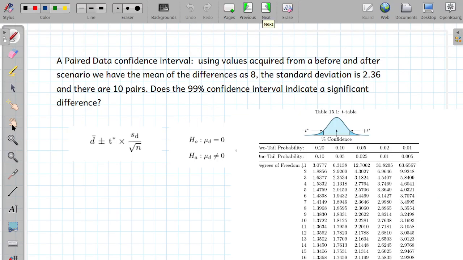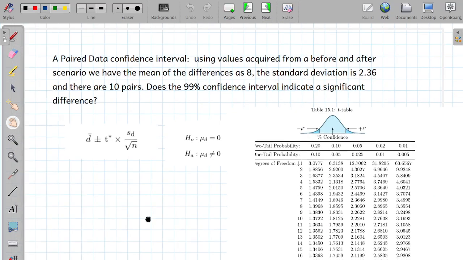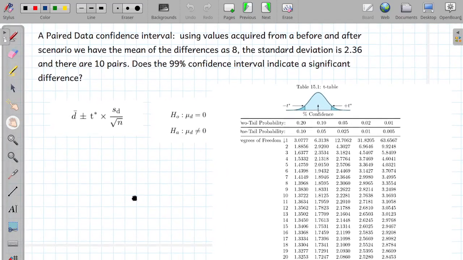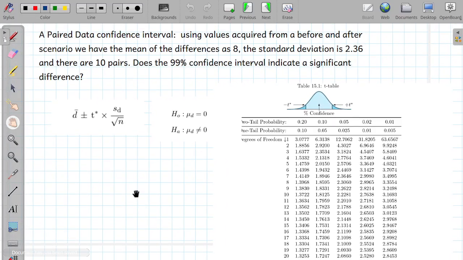Now, this one's paired data. A couple of comments about paired data before we dive into this question. We really can't call paired data independent, because in most scenarios, to get paired data, each subject being studied has at least two observations.